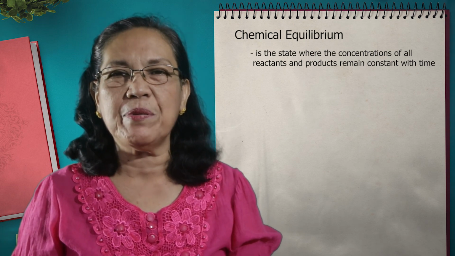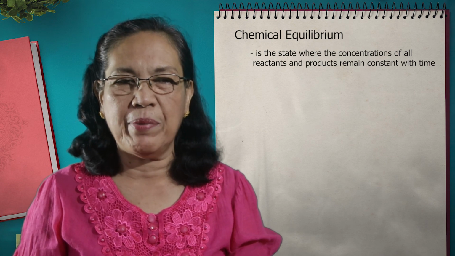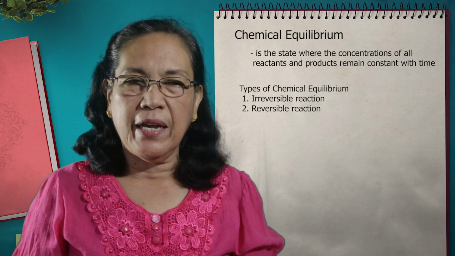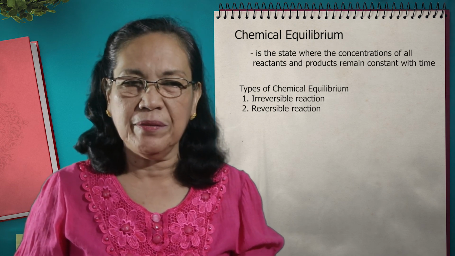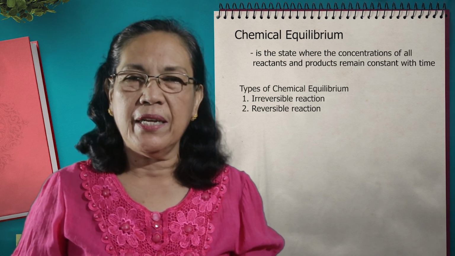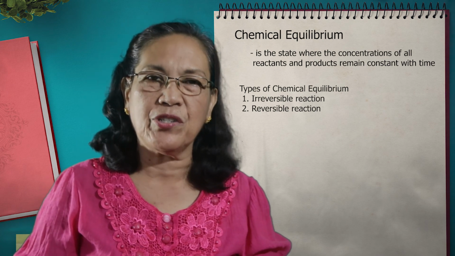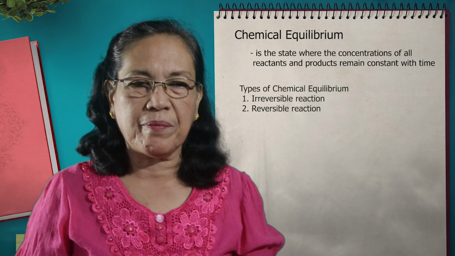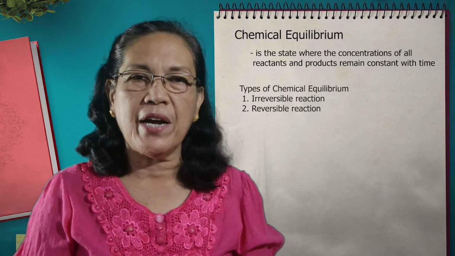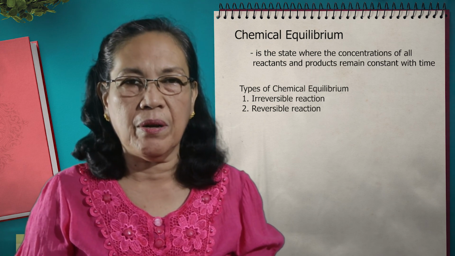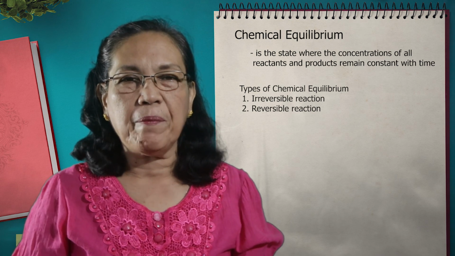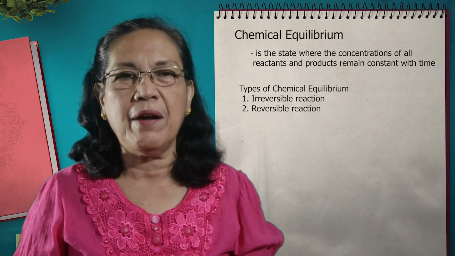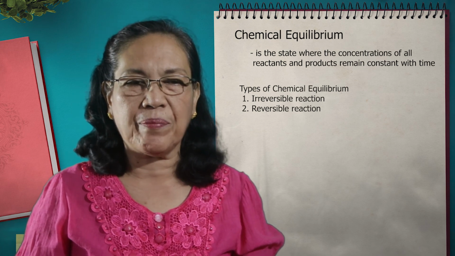Now there are types of chemical equilibrium. One, we have the irreversible reaction, and the other one is the reversible reaction. When we talk of irreversible reaction, this is a type of reaction that goes to completion, meaning you cannot get back the reactants from the formed products.